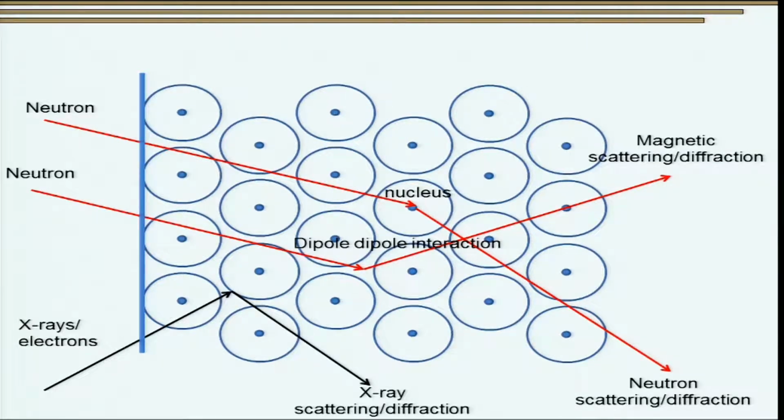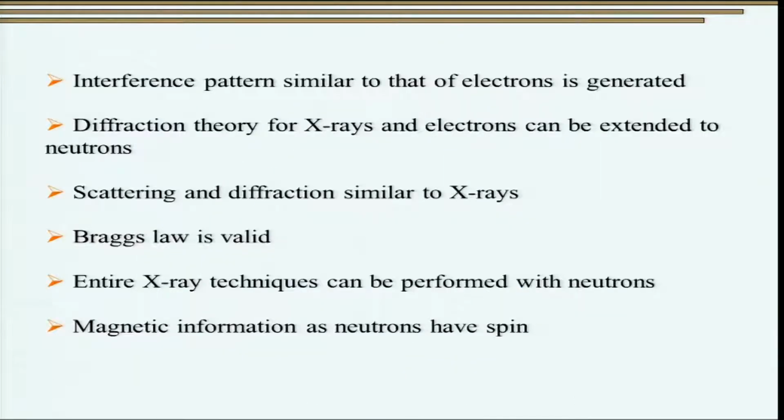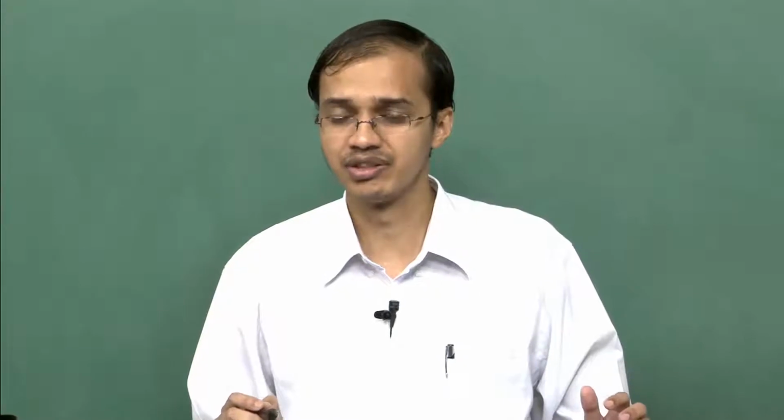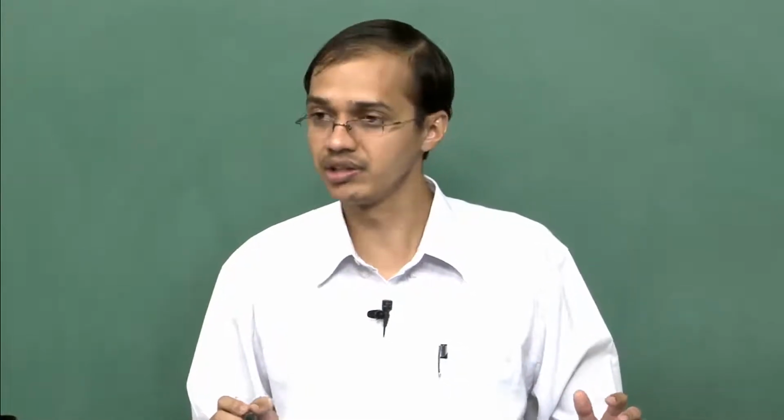I would like to bring to your notice that neutron diffraction is probably one of the most sophisticated techniques that can give us some information about the magnetic structure of the material. Having said that, let us try to understand how exactly diffraction takes place when neutrons are used as a source. Well, the concept is exactly similar to that of X-rays.